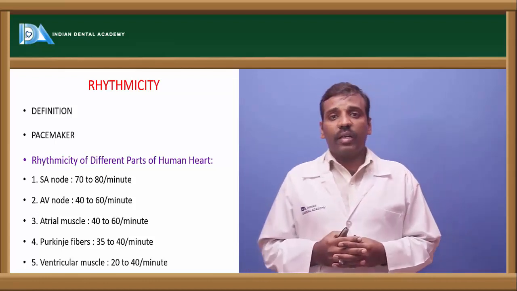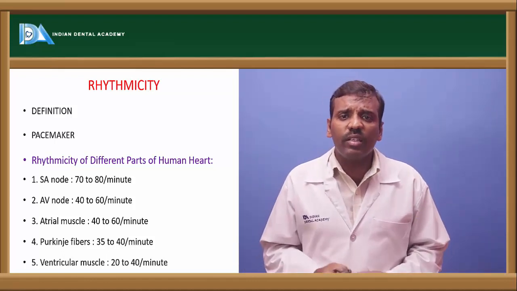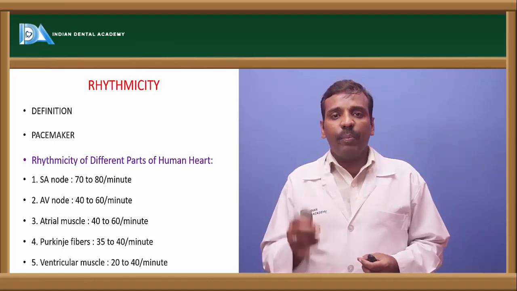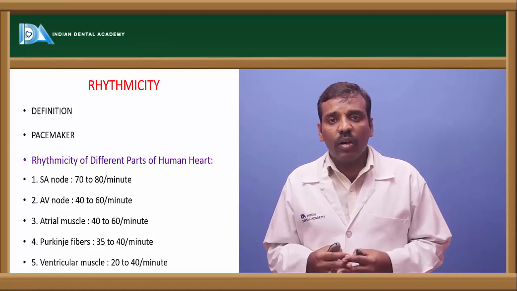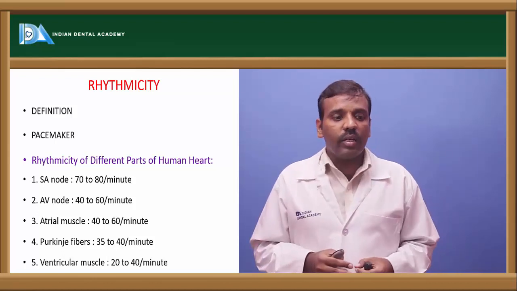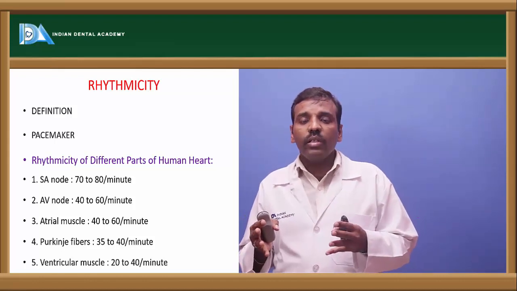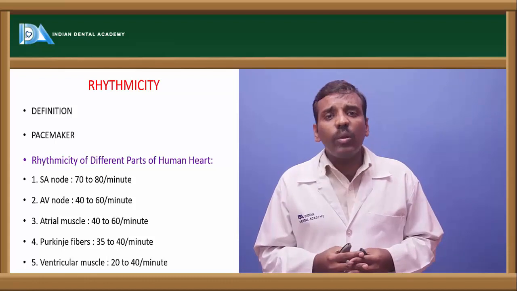There is a pacemaker. Because of the pacemaker only, the rhythmicity is maintained. Continuous, repeated stimulus with the same time gap is called rhythmicity. In this rhythmicity, there is a pacemaker which applies its own impulses.